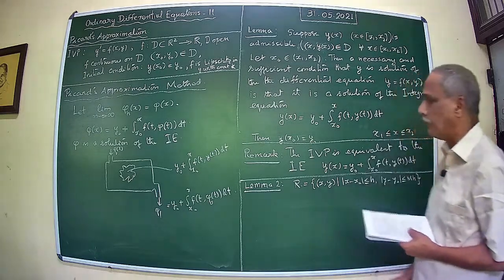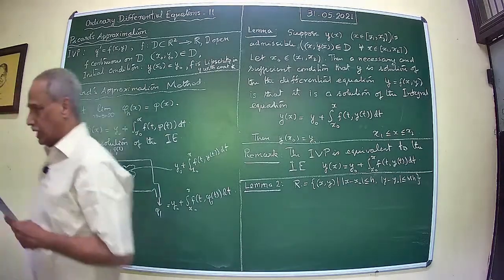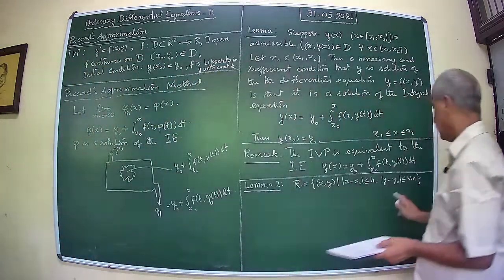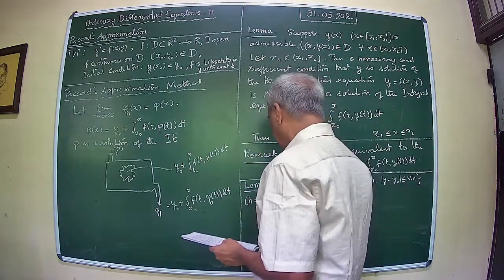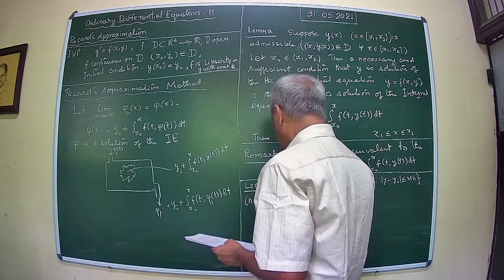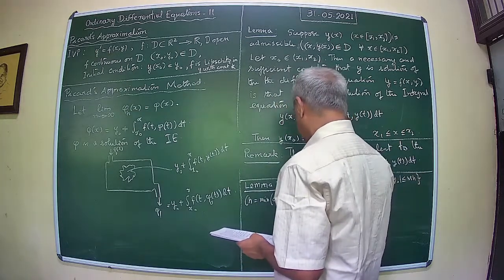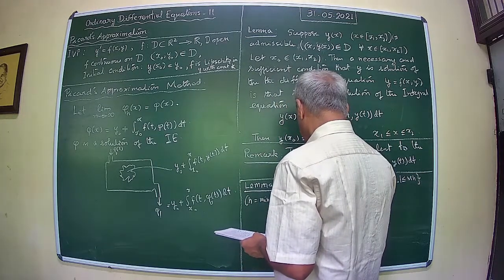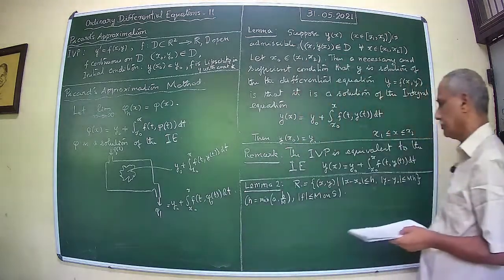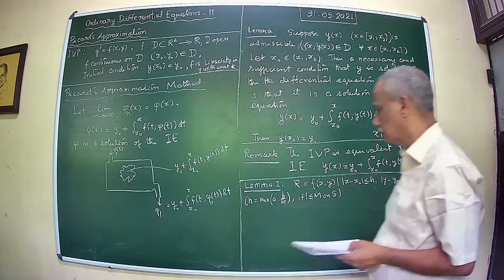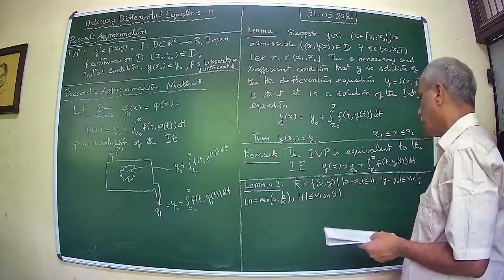You see that M is the bound for f on S, and then from there you construct this H. H is the minimum of... and A and B are from the definition of S. Okay.